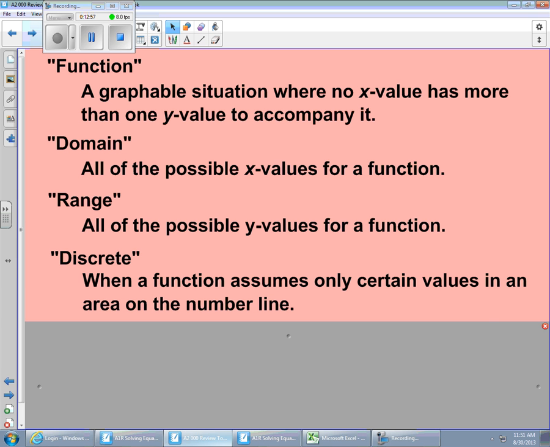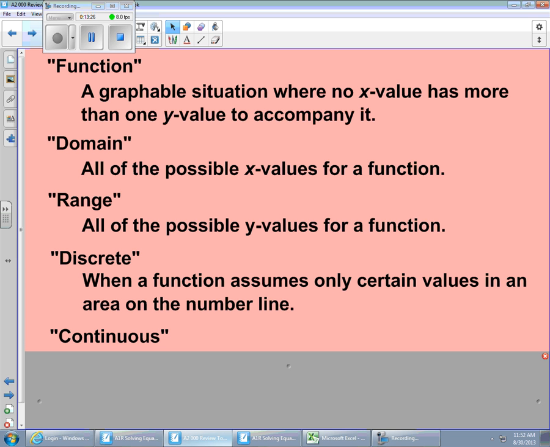So we have pieces of the graph that exist, but in between these pieces, there may not be anything connecting them. So there may be a point at 2 on the number line and a point at 3, but nothing at 2.5. Well, 2.5 is a real number, and it's sitting there on the number line, but for whatever reason, our graph isn't reflecting that particular number. That is a discrete function.